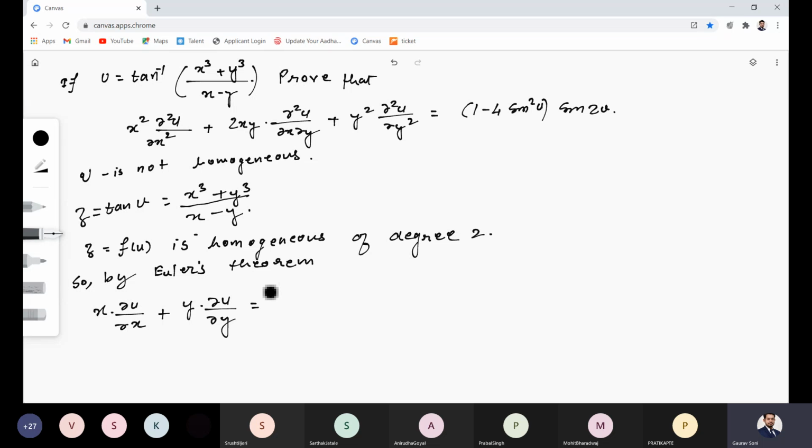You have to use the deduction n into f of u upon f dash of u. What is our f of u in this case? Tan u. So this will be 2 times tan u upon sec square u, which can be simplified. You get x into ux plus y into uy is equal to sine upon cos square, so sine 2u.